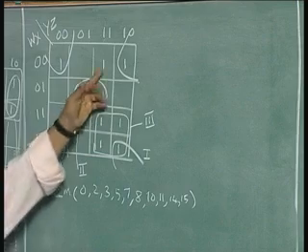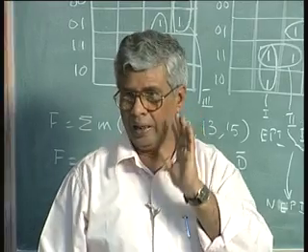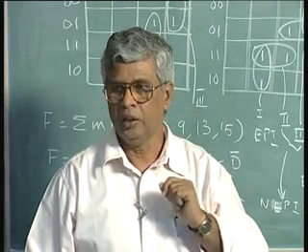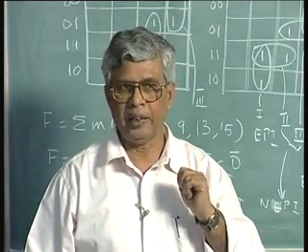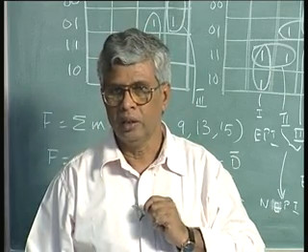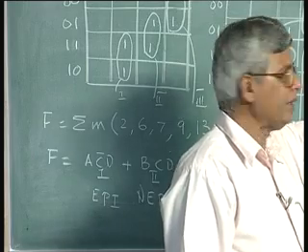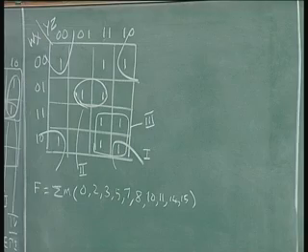Now, the only one that is left out is this one. In order to complete my simplification procedure, I have only one uncovered one, and that one has to be included. So, I can do this 2 ways.